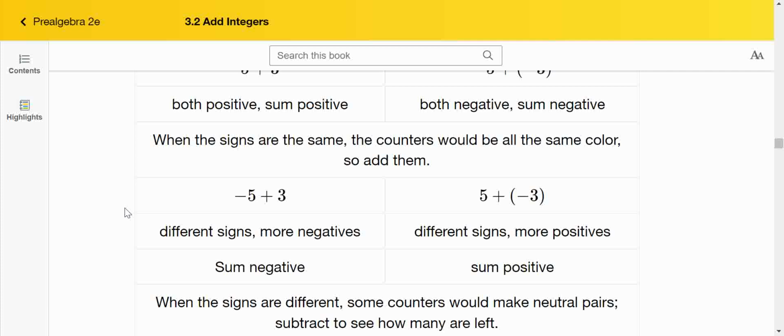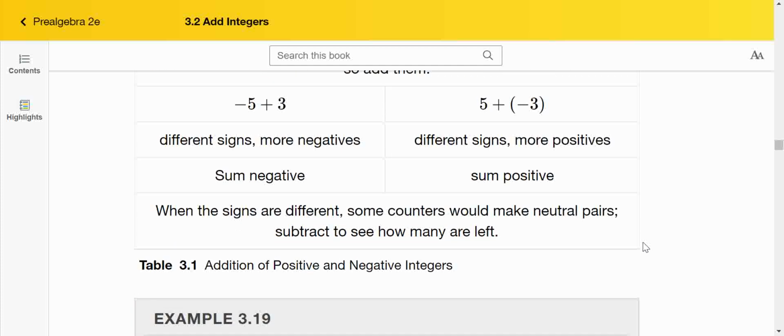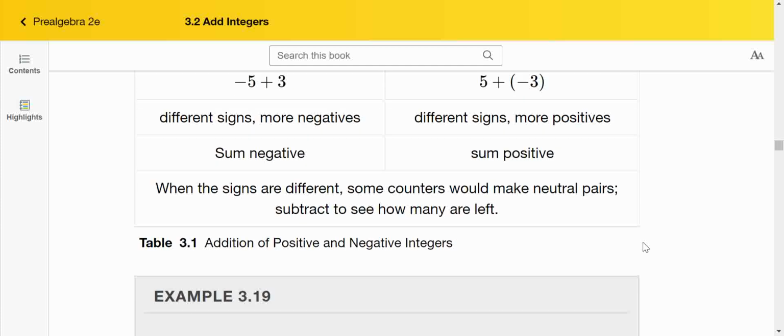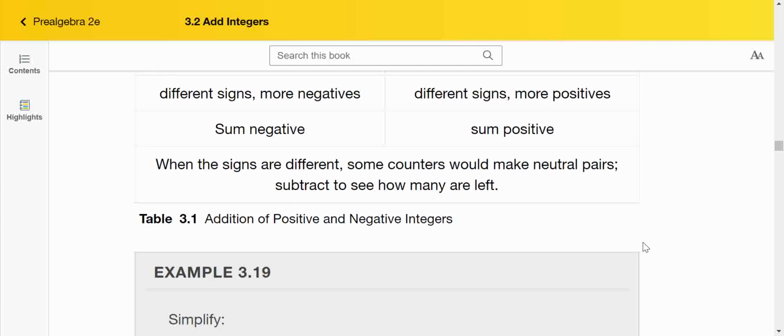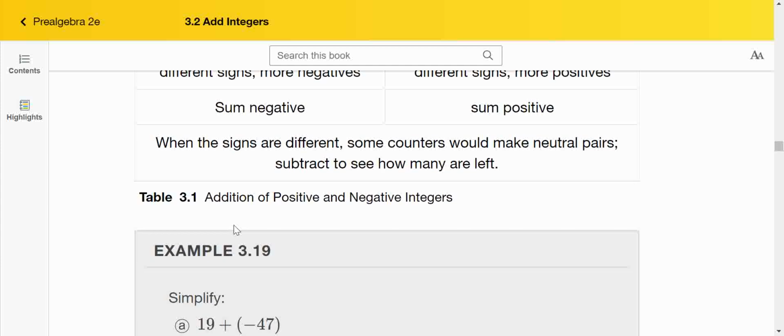So they sum negative. Here, 5 plus minus 3, different signs, more positive, so they sum positive. When the signs are different, some counters would make neutral pairs. Subtract to see how many are left. Table 3.1, addition of positive and negative integers.